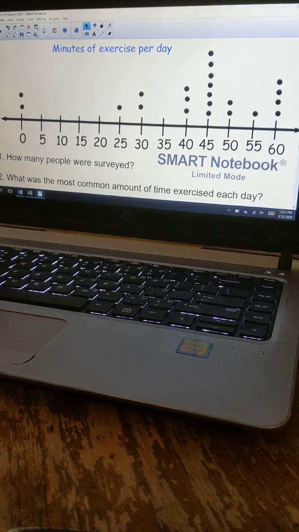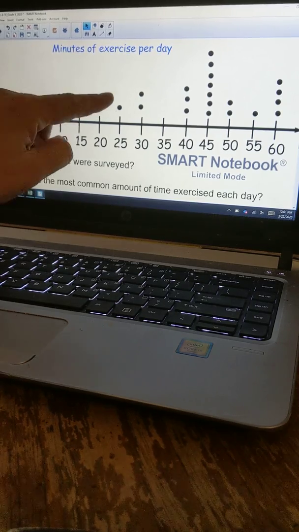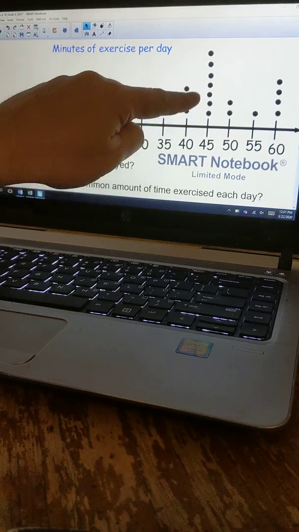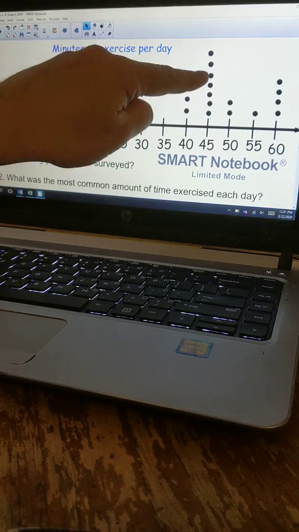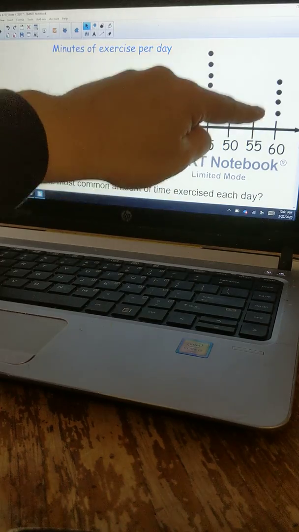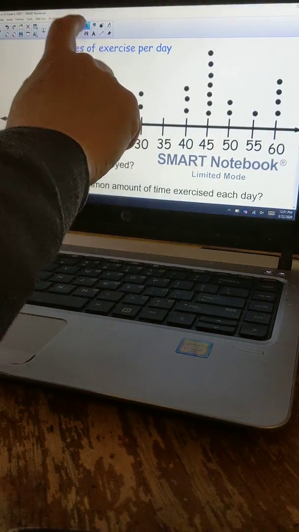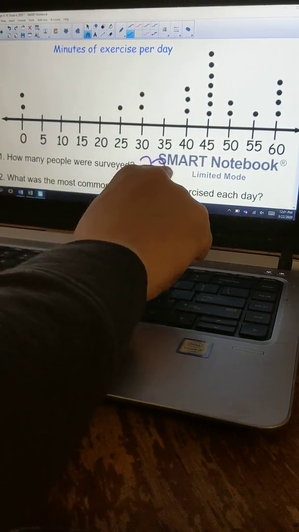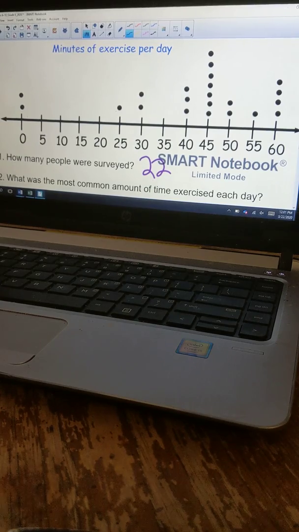Okay, so when I look at how many people were surveyed, that's simple. I counted up 1, 2, 3, 4, 5, 6, 7, 8, 9, 10, 11, 12, 13, 14, 15, 16, 17, 18, 19, 20, 21, 22. So there were 22 people in this survey. The most common amount of time exercised each day, well, right here, 45 minutes.